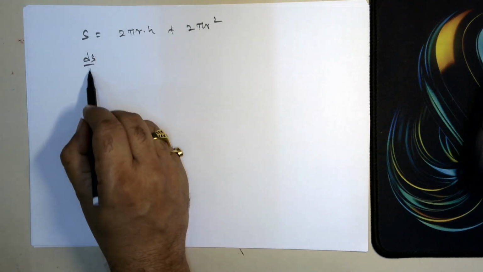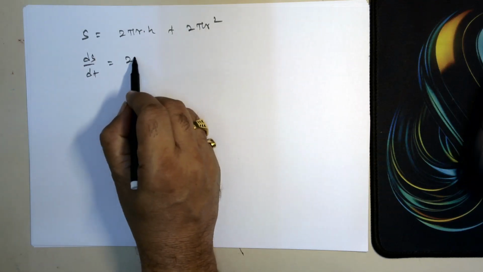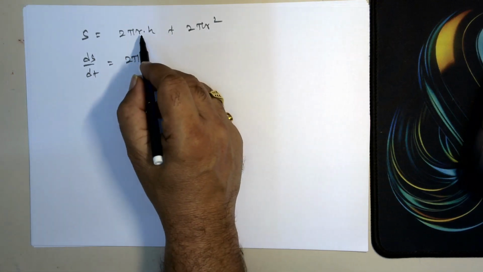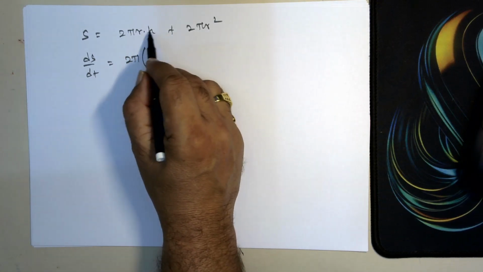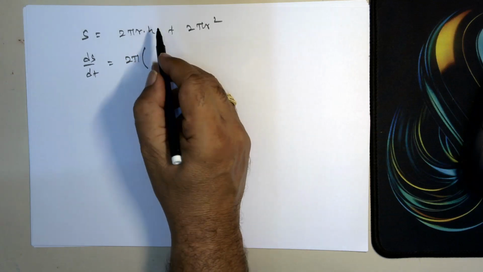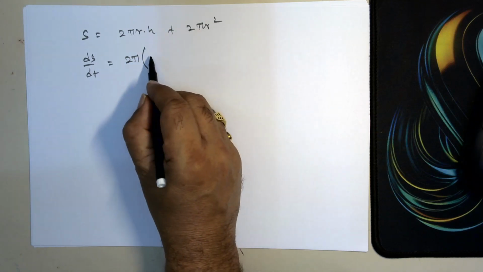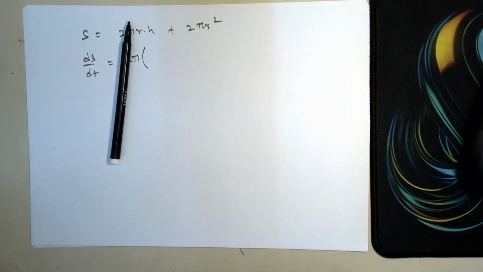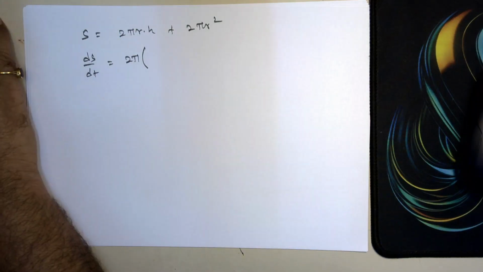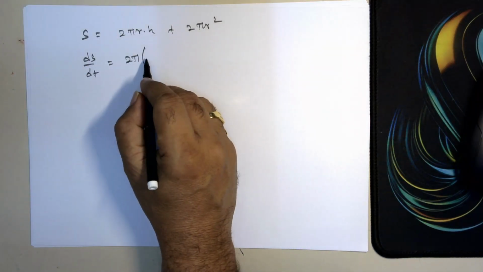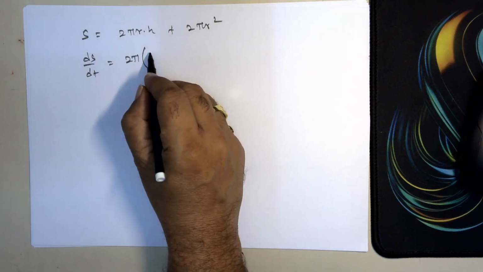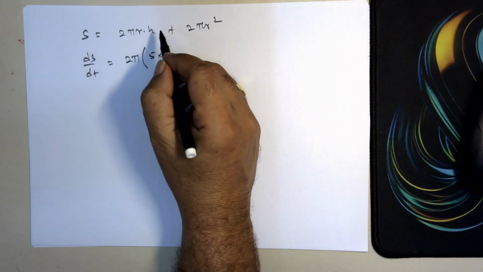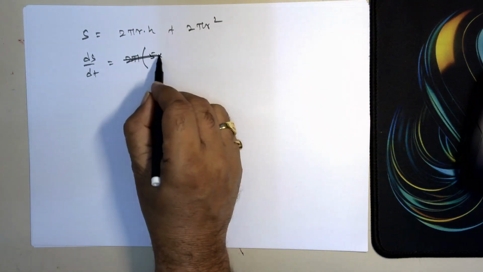So dS by dt, what is that? 2 pi, now we have r into h, two variables, so the UV rule, U dV plus V dU.